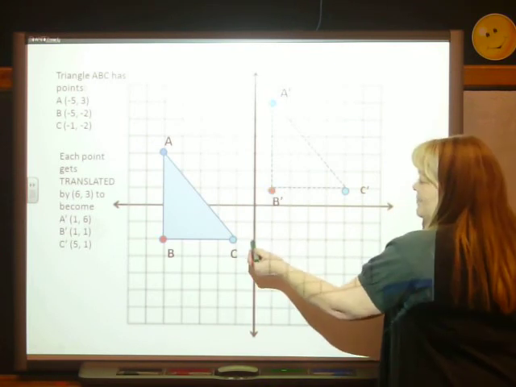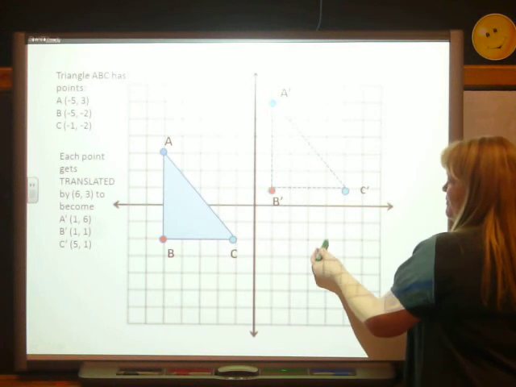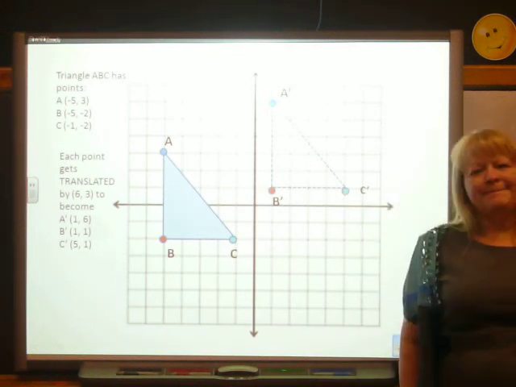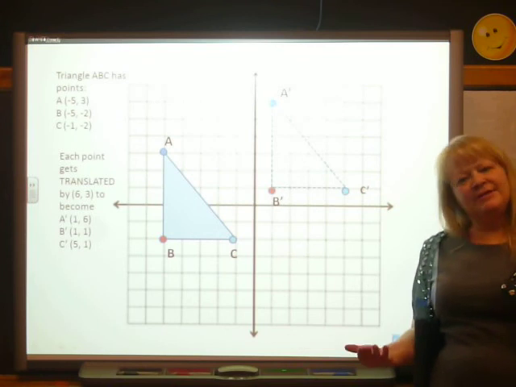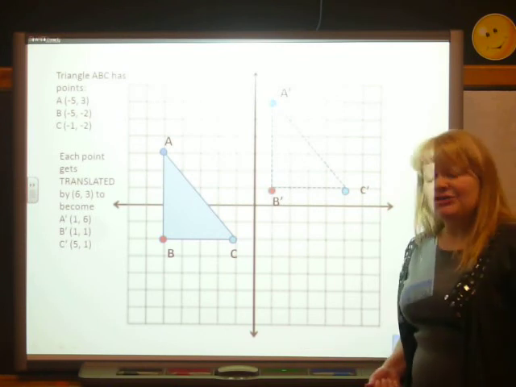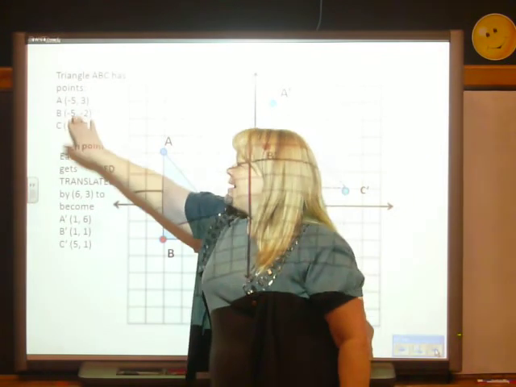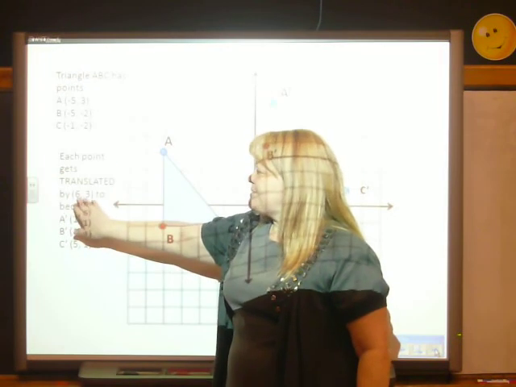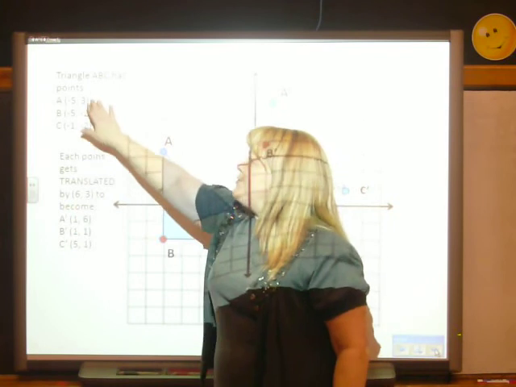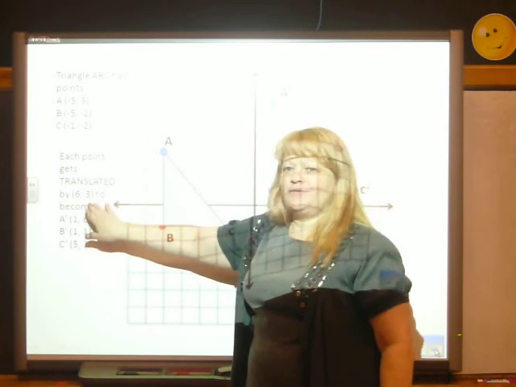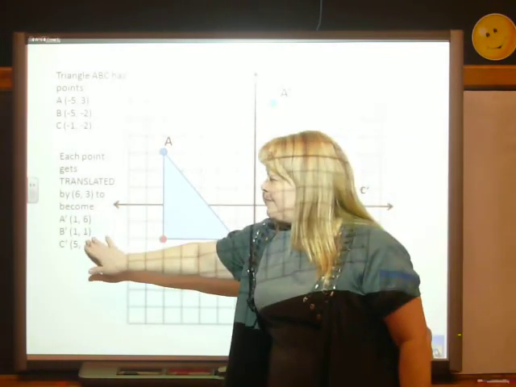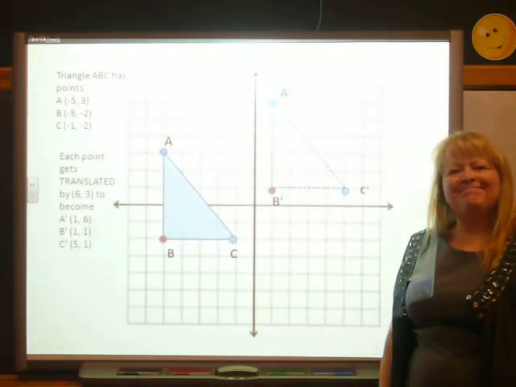And C: 1, 2, 3, 4, 5, 6, and up 3, and it checks out. So there are 2 different ways to do this. Probably the quicker way is adding the x portions of your points with the x portion of your translation, and the y portions with the y translation. You get your points, and then you can plot them.